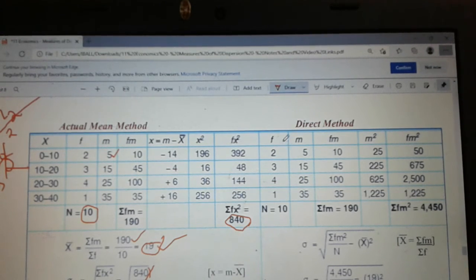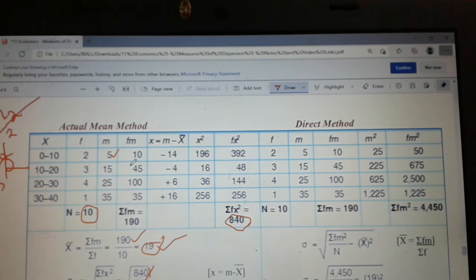In the direct method, here f, the frequency, is 2, 3, 4 and 1, which are already given, and the mid values we know how to find: 5, 15, 25, 35.